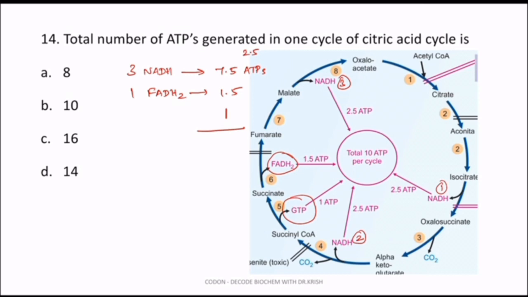And how many FADH2? There is only one FADH2, which gives rise to 1.5 ATPs when it goes through the electron transport chain. And there is one substrate level phosphorylation where a GTP is produced, so here I add 1 ATP. In total, 7.5 plus 1.5 plus 1 is 10 ATPs. So the total number of ATPs generated in one TCA cycle is 10.